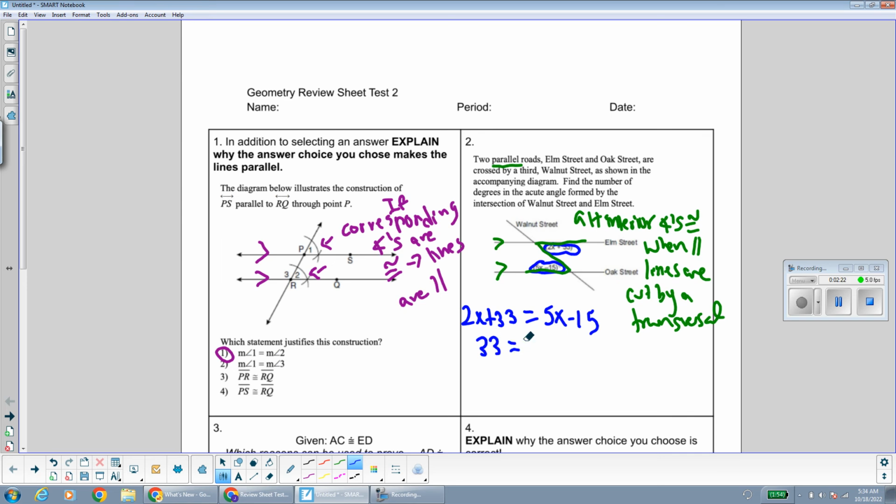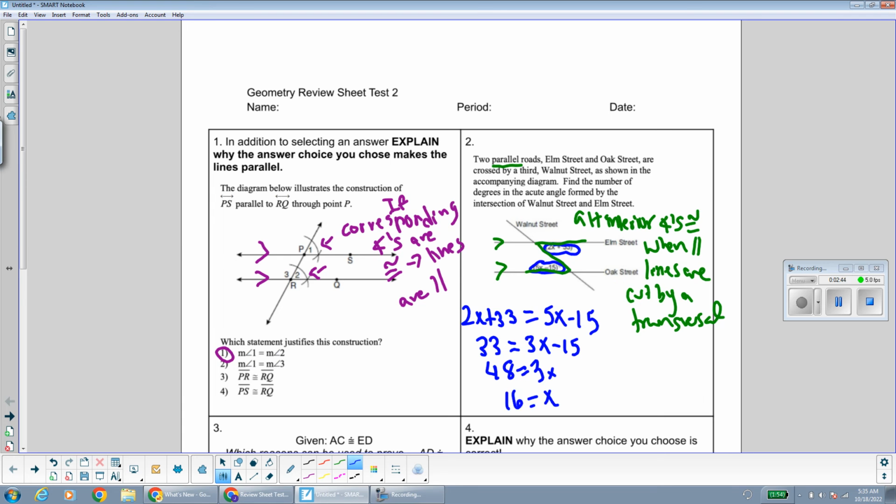Subtracting 2x on both sides, 33 is equal to 3x minus 15. 48 is equal to 3x after we add 15 on both sides. And our last step is just to divide by 3. And I have x is equal to 16.